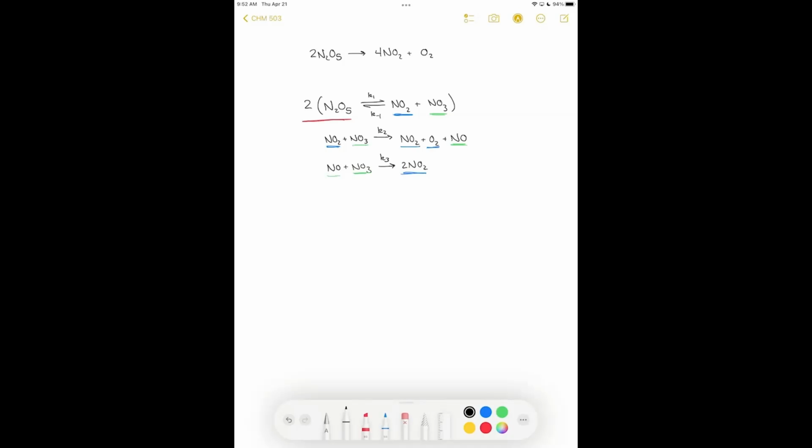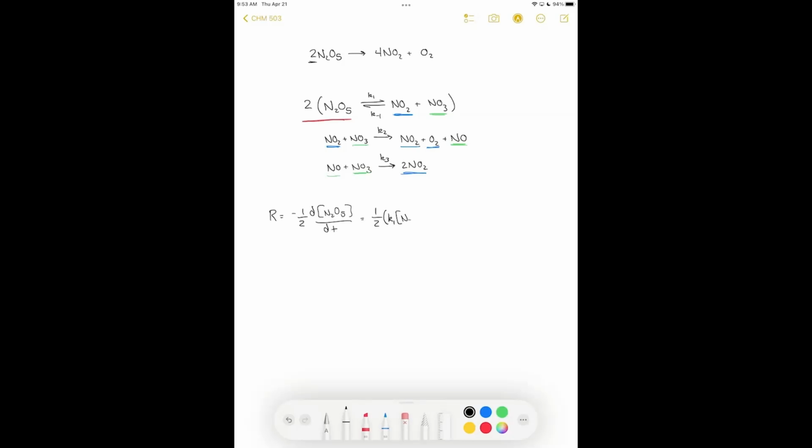How would we describe the rate of this reaction? Well, we can describe the reaction rate as simply -1/2 times the loss of N2O5. The 1/2 here comes from the stoichiometric coefficient of 2. So we can describe what the loss of N2O5 is. And the loss of N2O5 we can describe as K1 times N2O5.